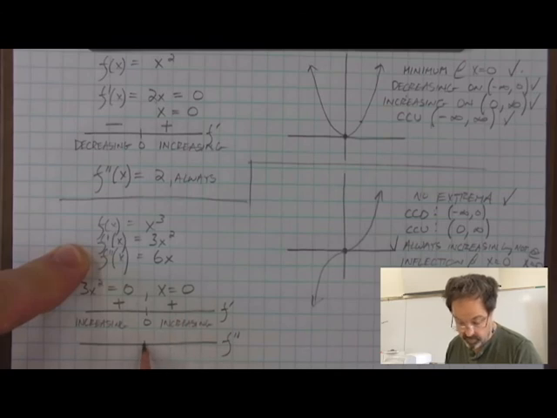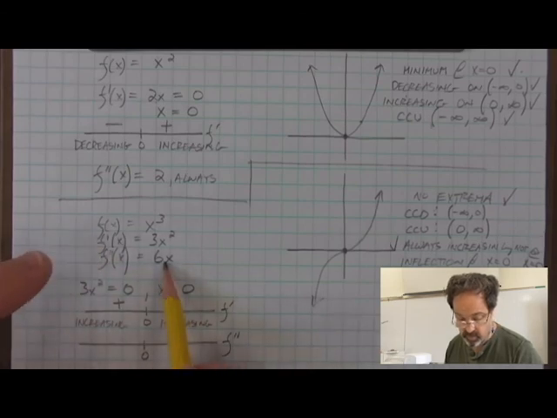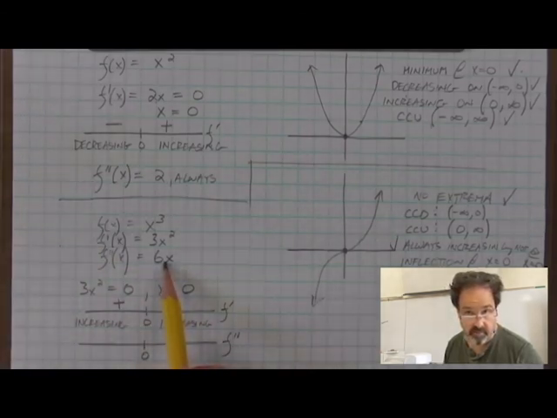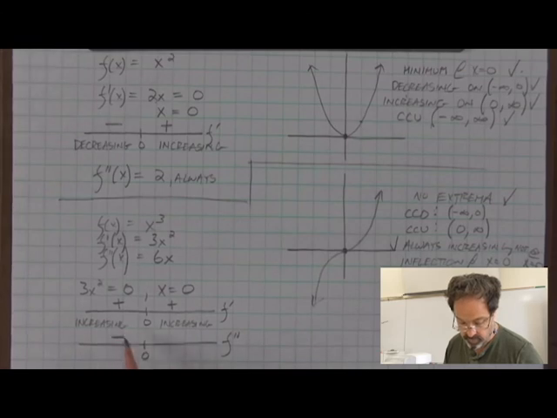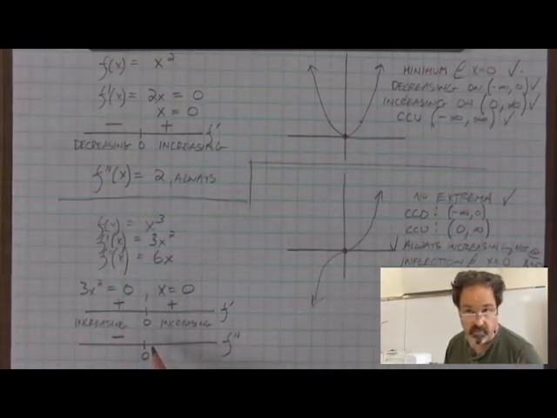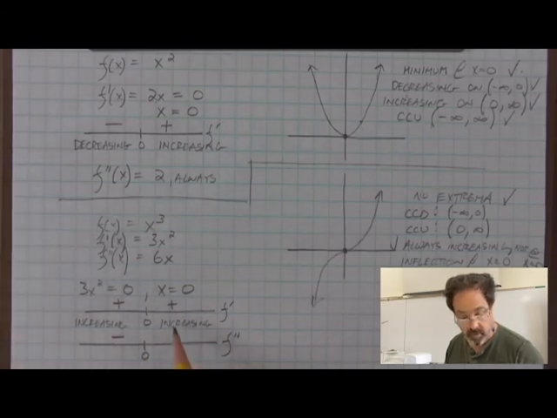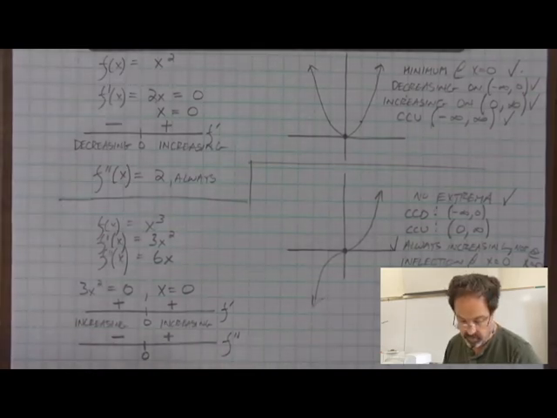It's going to be 0 here, but what about before? If I put a negative number into the second derivative equation, a negative number times the positive 6 will always result in a negative second derivative. After 0, if I put a positive number in, then a positive number times positive 6 will always result in a positive second derivative.